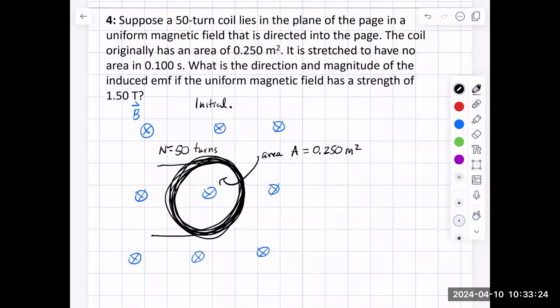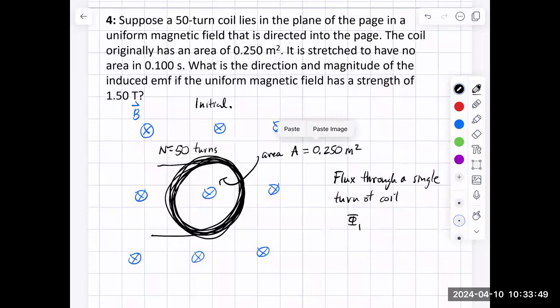Let's go ahead and calculate the magnetic flux through this coil. So let's calculate the flux through a single turn of the coil. So I'm going to call that phi1.